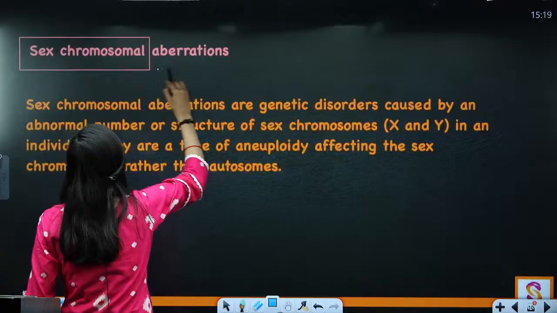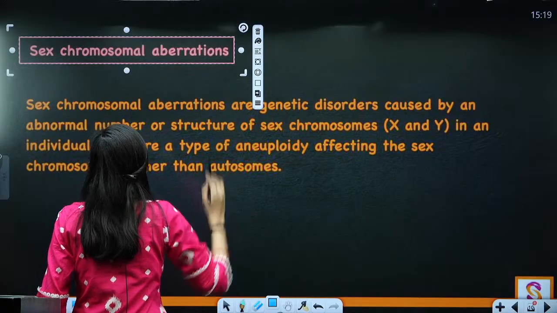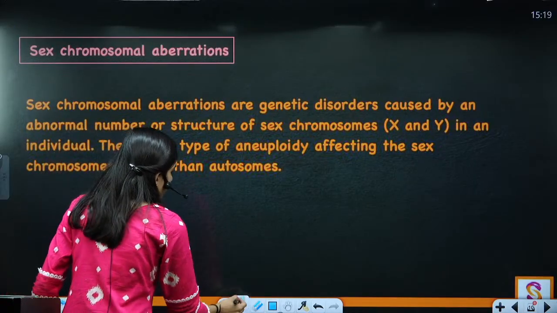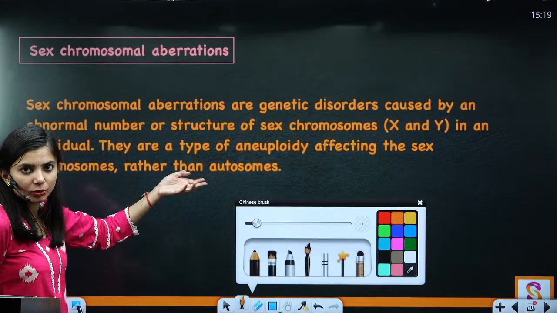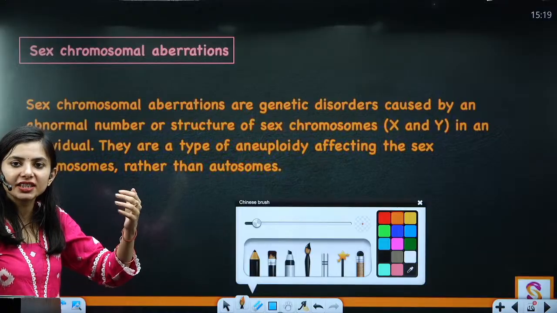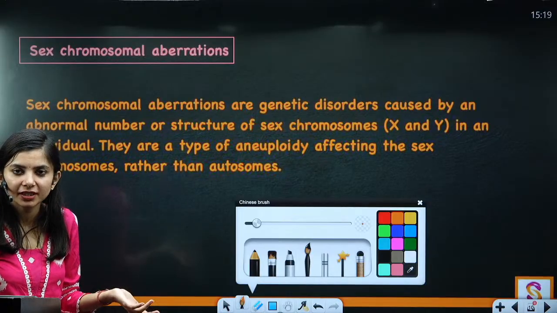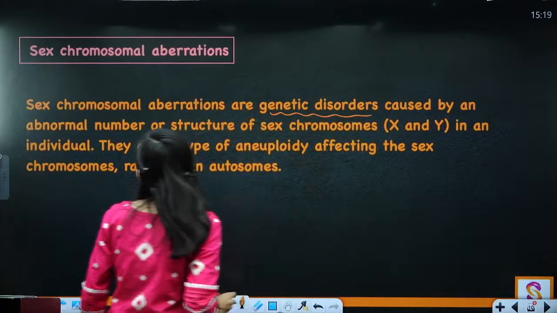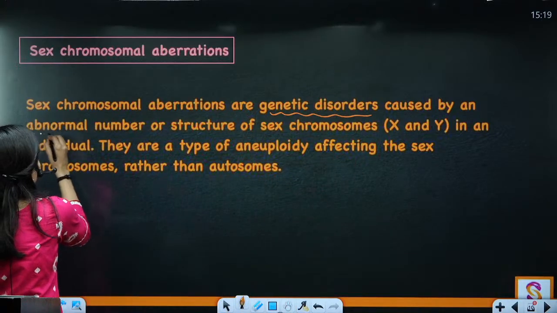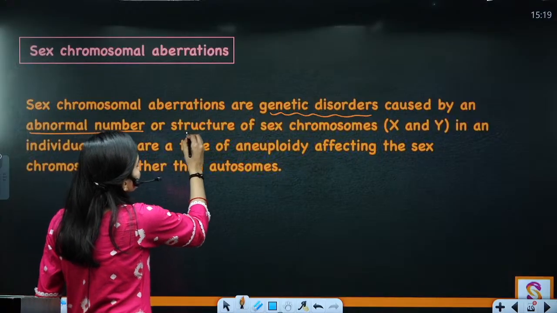Okay, so specifying about sex chromosomal aberration. Sex chromosomal aberrations are genetic disorders. Why? Because there are some sort of changes in your chromosome. Chromosome is specifying your genetic details. And it is caused by what? It is caused by an abnormal number or structure of what?